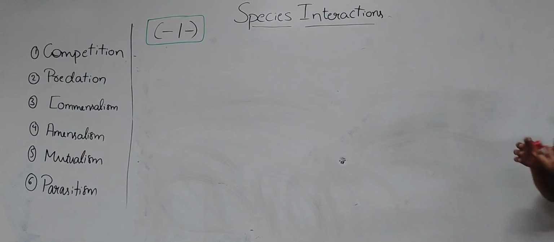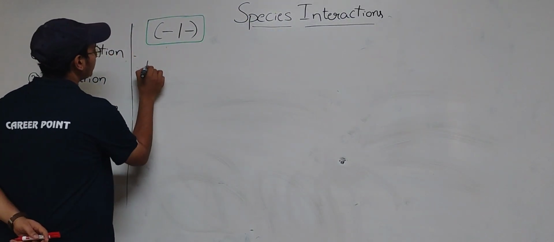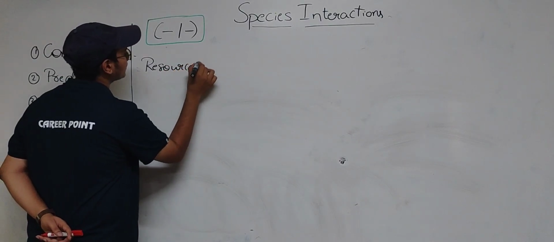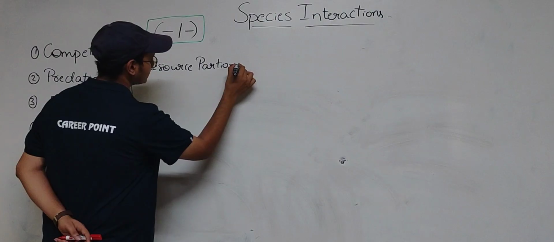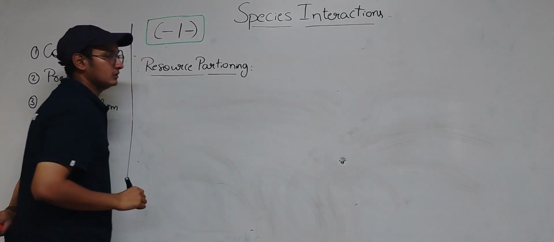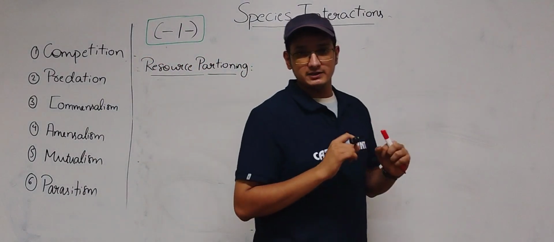So what actually happens in the ecosystem is resource partitioning. So what happened in Gause's principle? There are two different kinds of organisms.